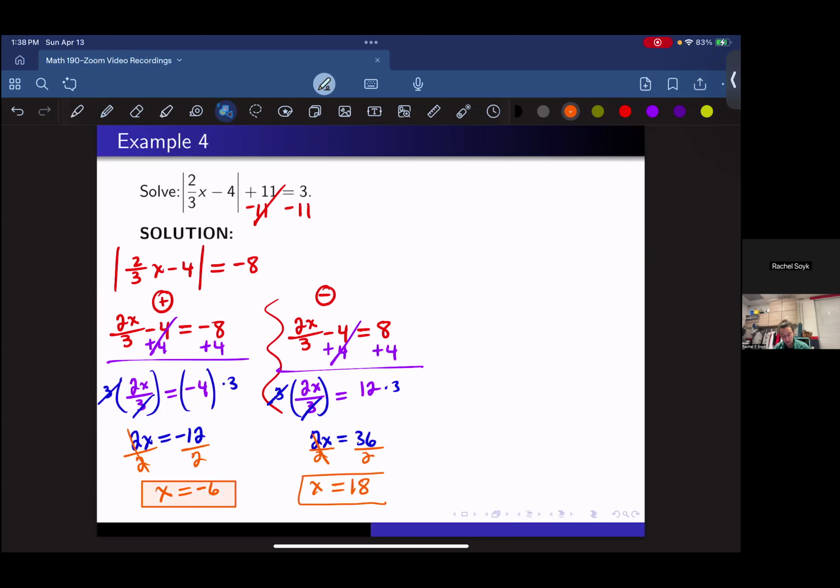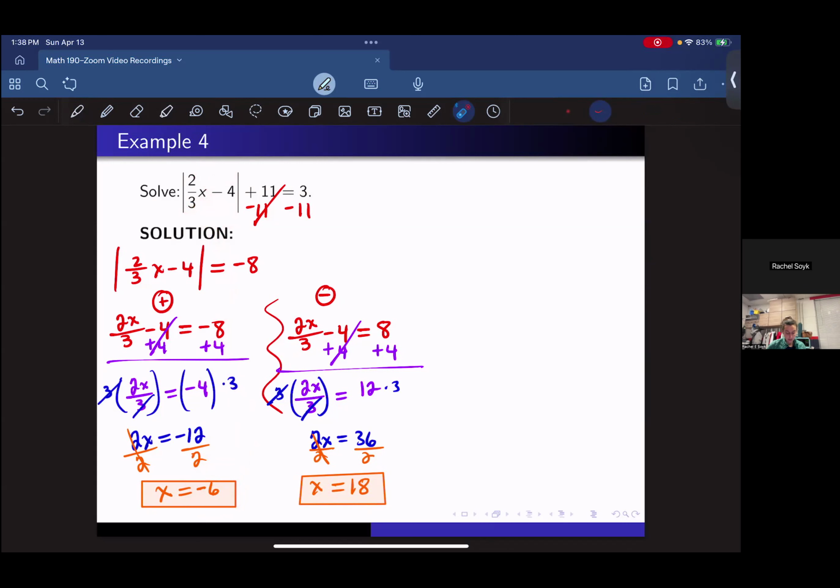Now that we arrived here, we just need to make sure that both of these solutions work. So let's plug it back in. -6 times 2/3 is the same as, well, 3 goes into -6 -2 times. So that's the same as -4. -4 minus 4 is -8. And the absolute value of -8 is +8.